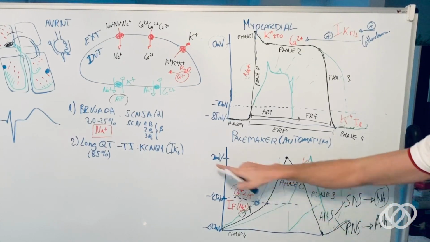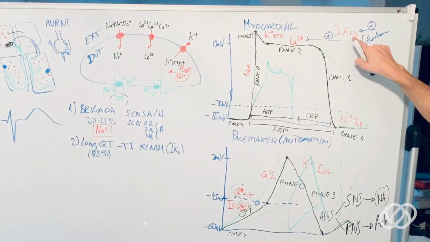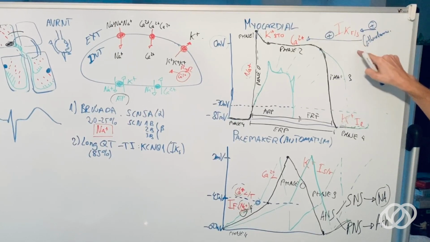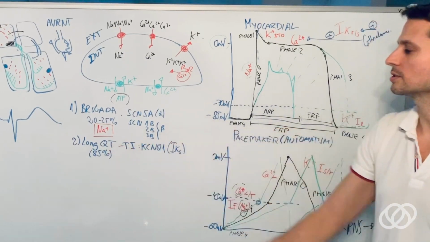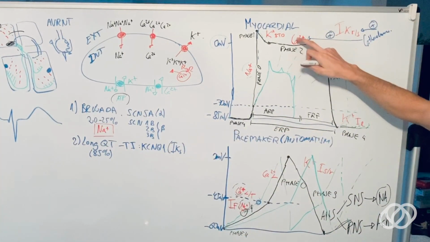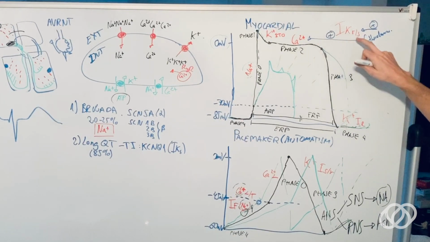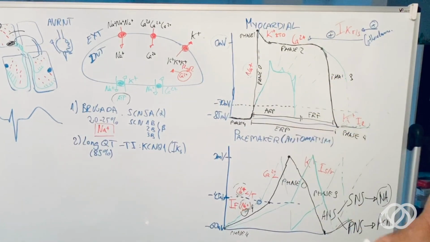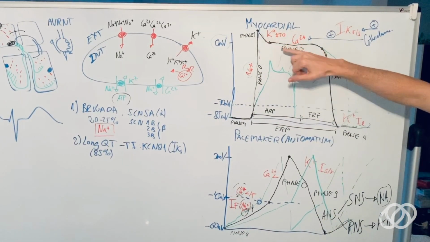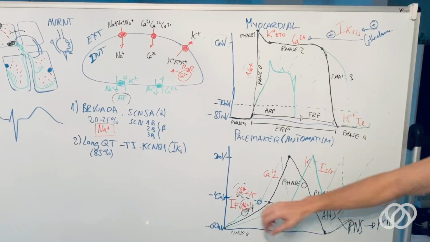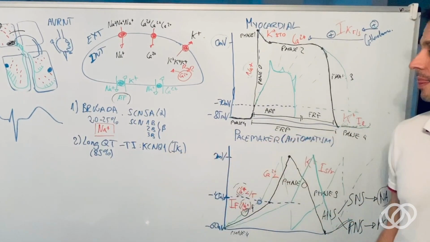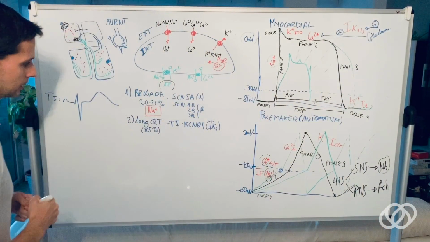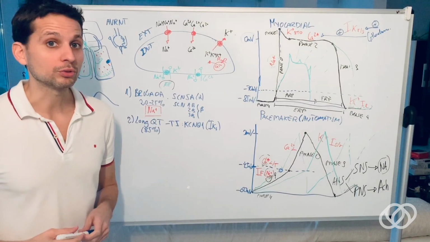So what happens here is, because this channel is impaired, if we give catecholamines to a patient with a long QT syndrome, they will put more calcium inside, but they are not going to be able to put more potassium outside. So in the end, it will prolong the QT. For patients with this type 1 long QT, catecholamines are not good.